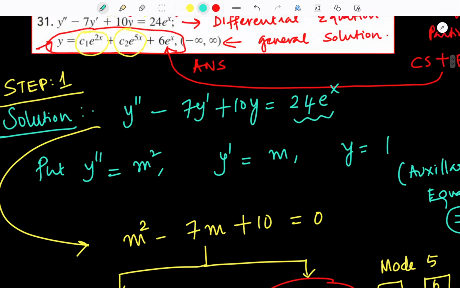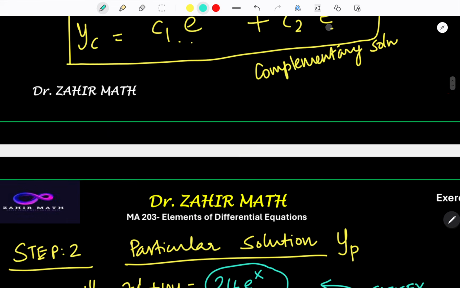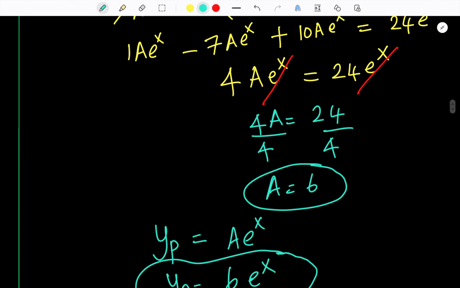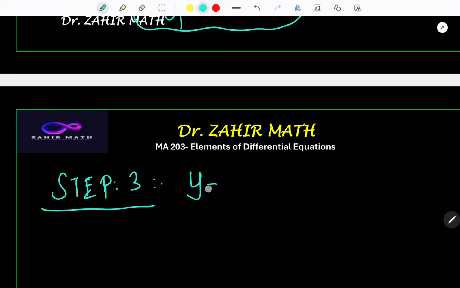Let's go slowly. Wow, fantastic. It is 6 e power x, right? So we are going to write the general solution, which is step number 3. What is your step number 3? Your step number 3 is y, which is the general solution, right?